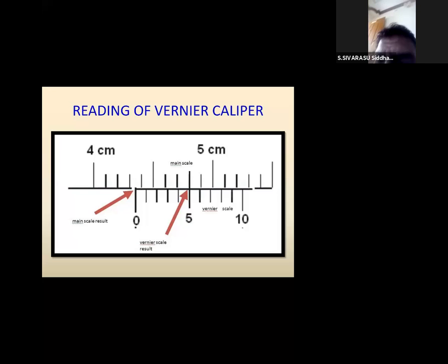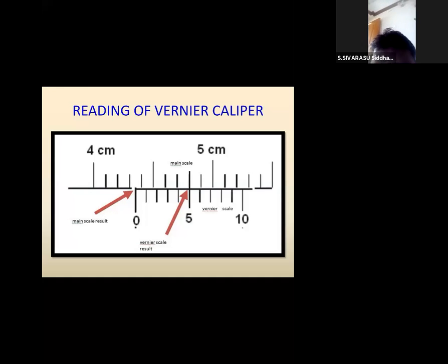Now 41, 42, 43. In between 43 and 44, the vernier scale 0 starts. After the 43 main scale division, the vernier scale 0 starts. So you can take the 43 main scale division, that is equal to 43 mm.